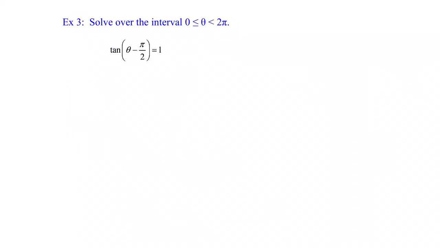Alright, on example 3, we have tangent of the quantity theta minus pi over 2 is equal to 1. Once again, same idea: we want to think to ourselves, tangent of what is equal to 1. So we know that this is going to be tangent of pi over 4. That's what gives us 1. So we will set that up. Theta minus pi over 2 is equivalent to pi over 4 plus n pi.